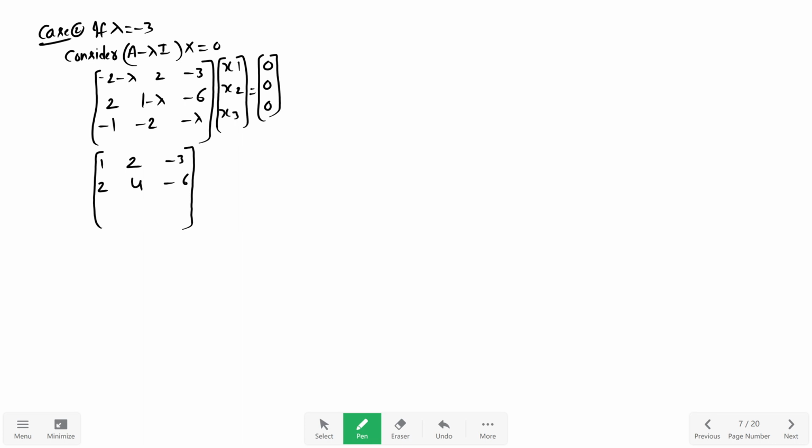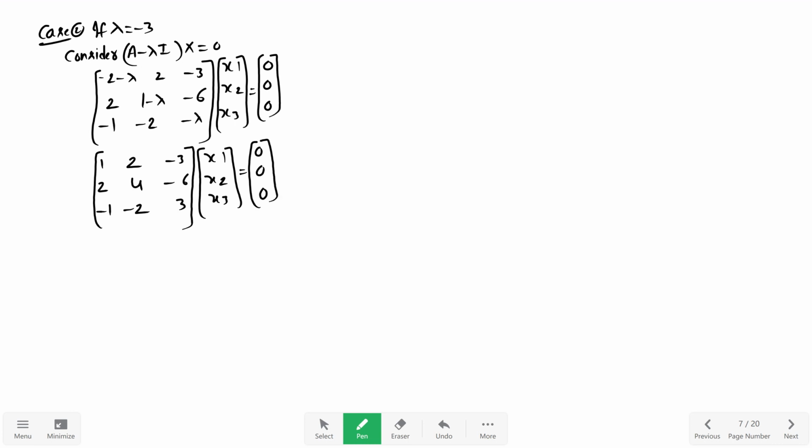Third row is minus 1, minus 2, and minus lambda, minus plus 3, times x1, x2, x3 equal to 0, 0, 0.